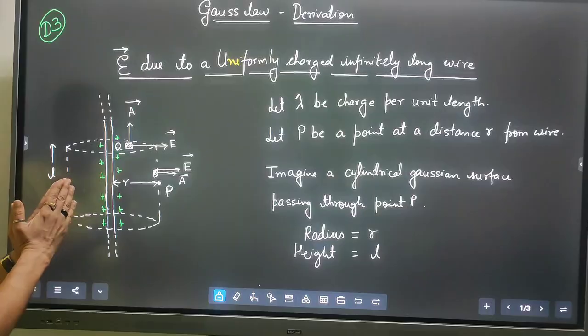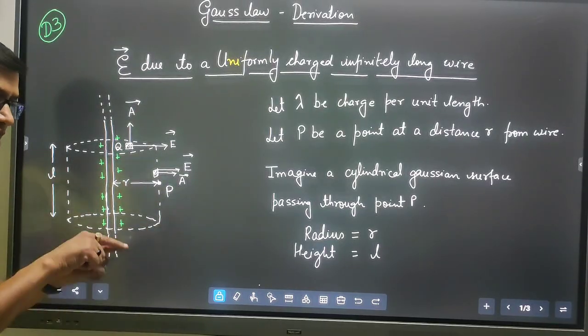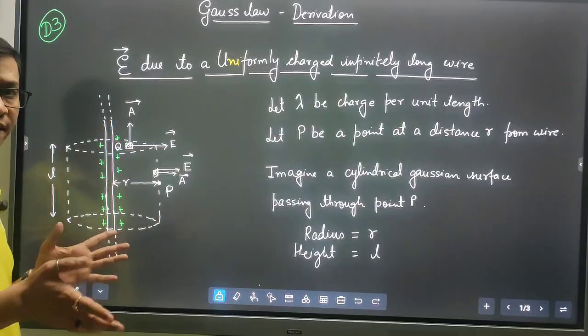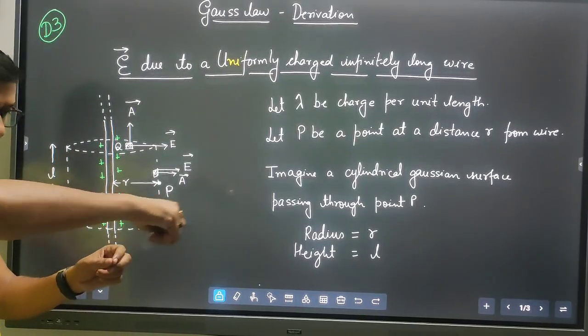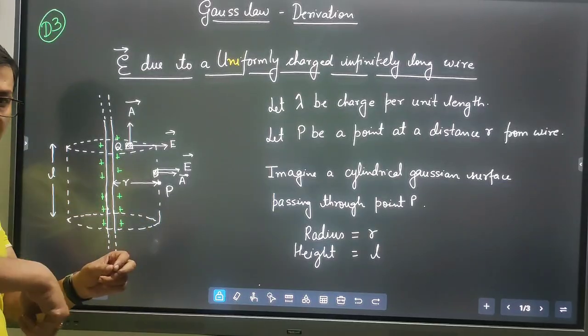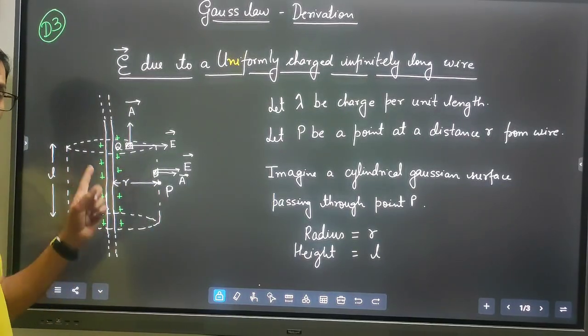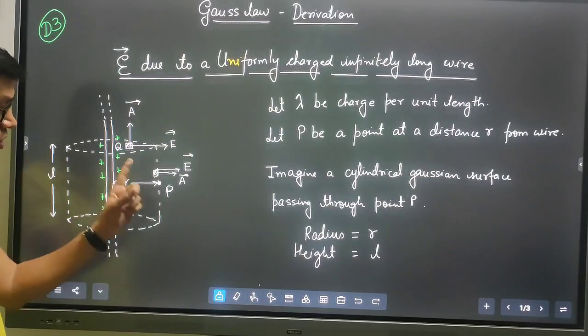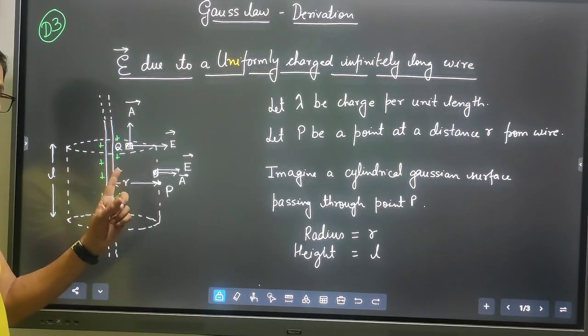For the curved part, any point lying on this curved part will be symmetrical with respect to the wire, right? Because it's on the curved part, all the points are at a distance r. So point P is symmetrical with respect to the wire, and all the points on this curved surface are symmetrical.